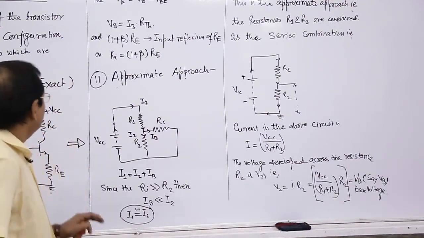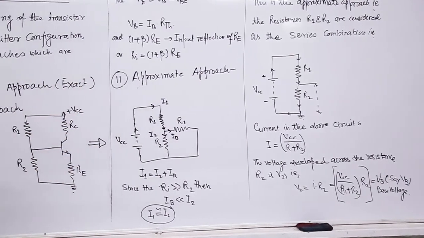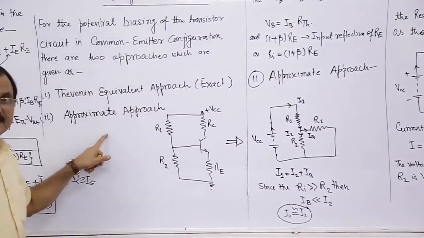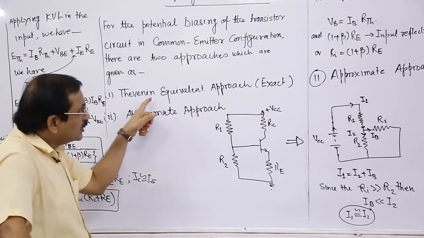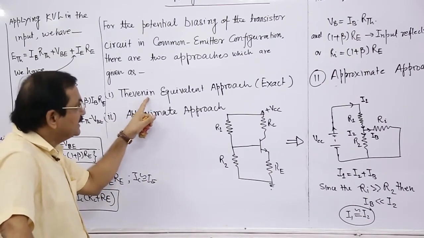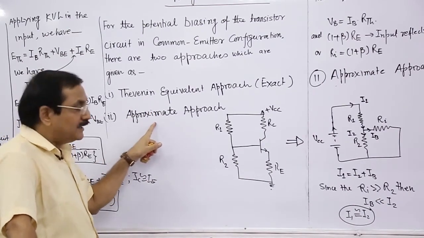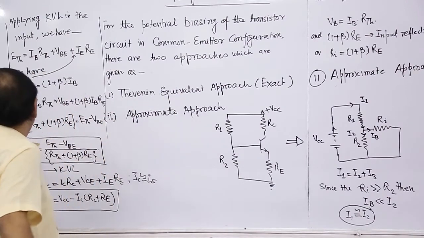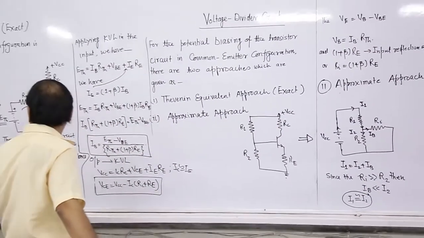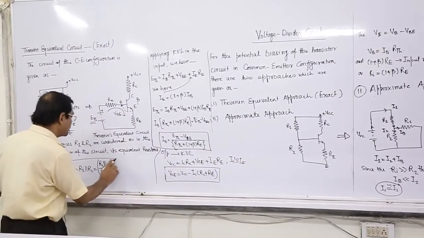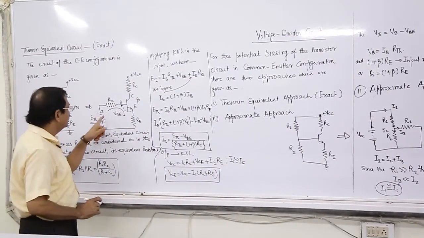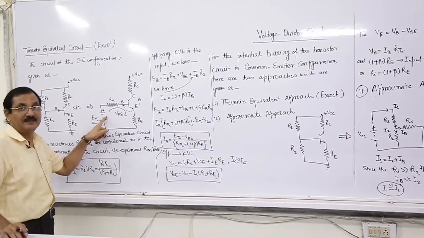So the basic change from exact to approximate is, in case of exact, we consider R1 R2 as the parallel combination, and then there is a Thevenin's voltage.